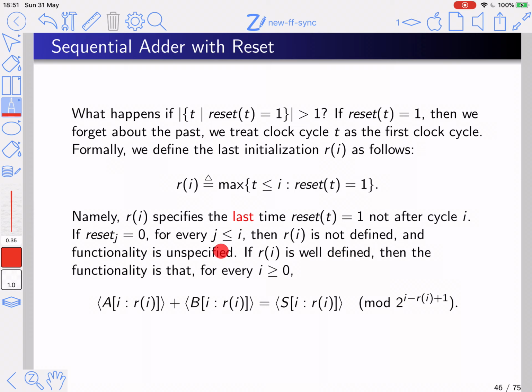In which case the functionality is unspecified, because we will lack the induction basis that tells us what happens in clock cycle 0.